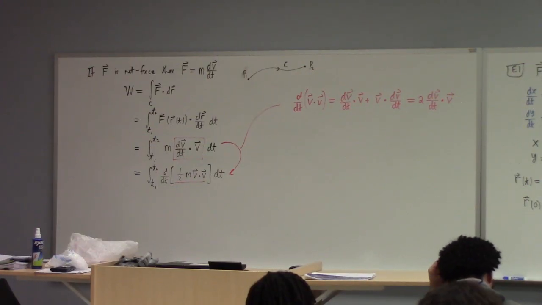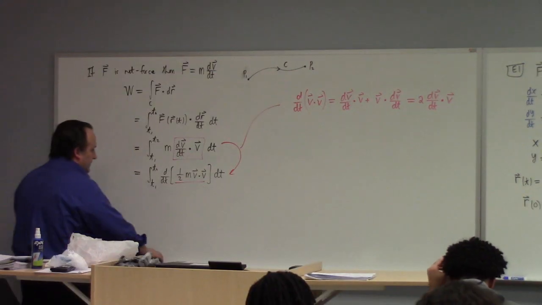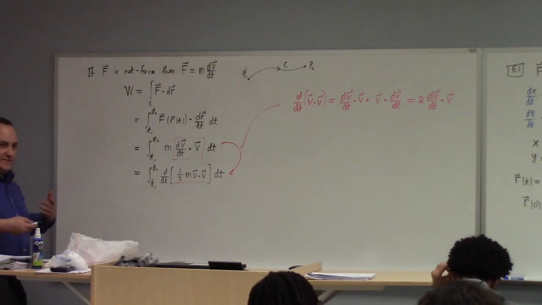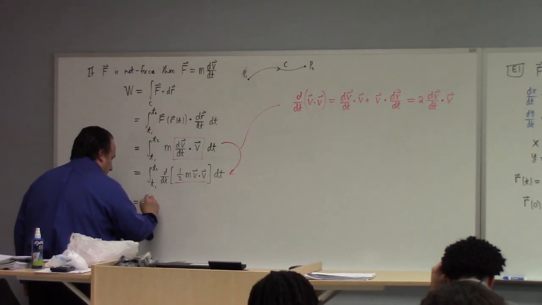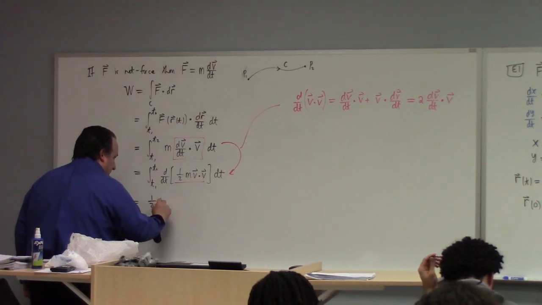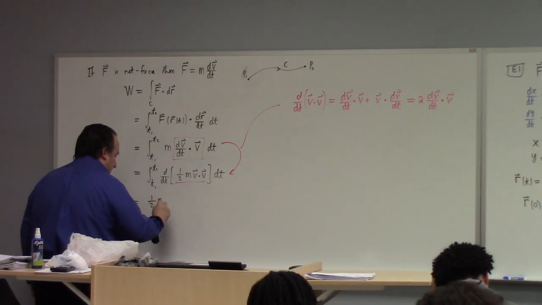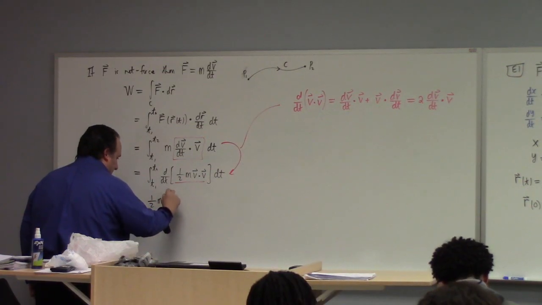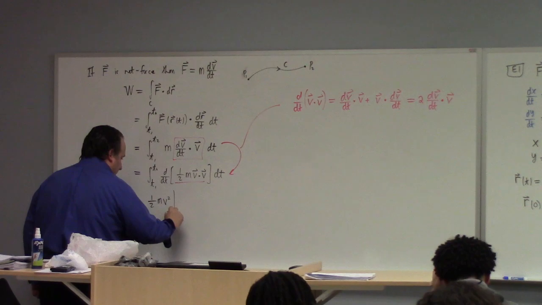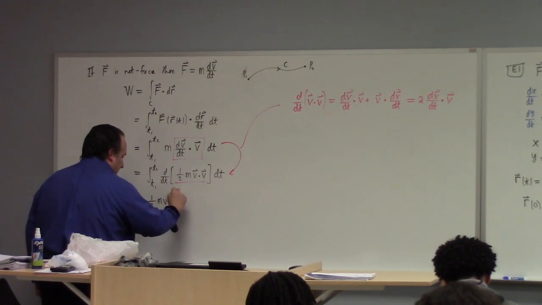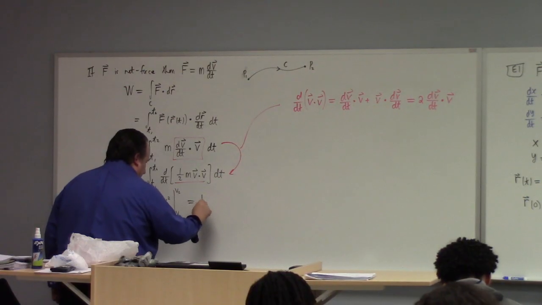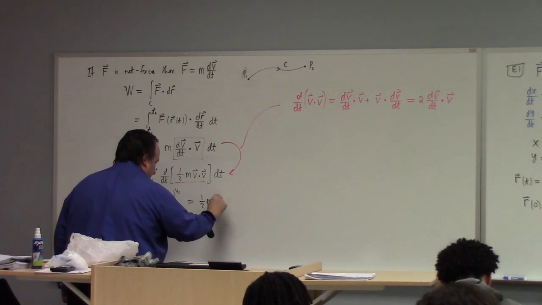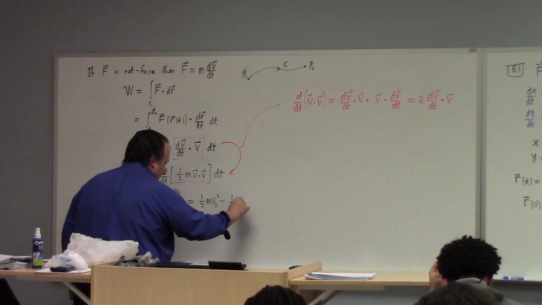But on the other hand, we also know that the integral of a total derivative, by the fundamental theorem of calculus, is what? We've got 1/2 mv squared evaluated from v at time 1 to v at time 2. In other words, we have 1/2 mv2 squared minus 1/2 mv1 squared.